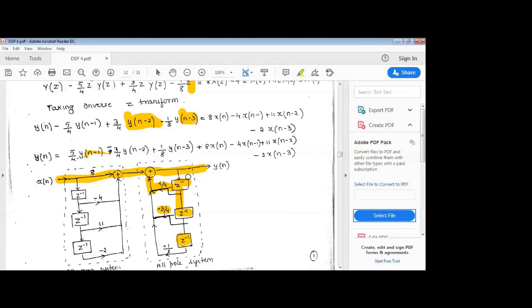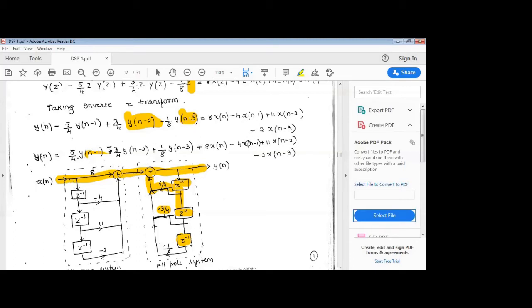Coming to the same expression here, of course my y of n is also related with the terms in x of n, which we can see here, which is 8 into x of n. Where is my x of n? Here we have an x of n which has to be multiplied by an 8 term, 8 here. So it is 8 into x of n. Then what is the next term we have?